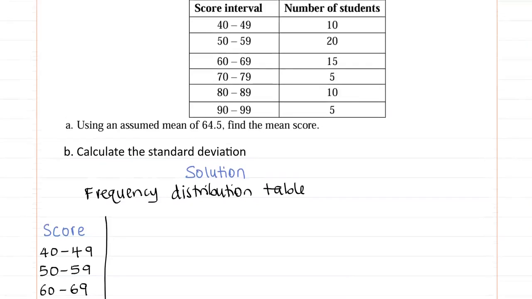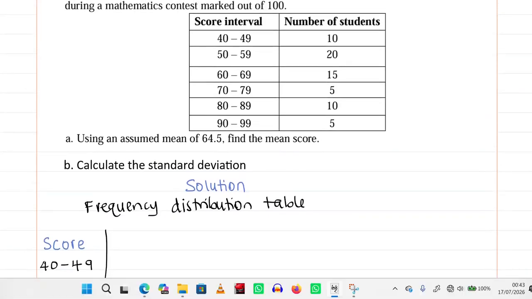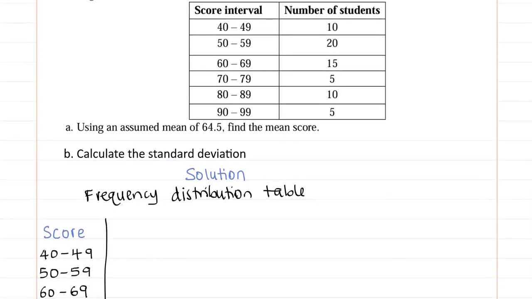So we are given the number of students, and that is what we call the frequency. Frequency is just the number of times something appears. So it is the number of times a number or a given interval appears. It is the number of occurrences.